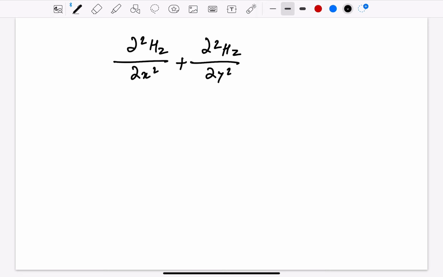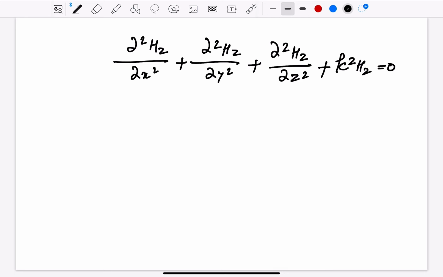So what we can do is write down ∂²Hz/∂x² + ∂²Hz/∂y² + ∂²Hz/∂z² + k²Hz = 0. This is the wave equation.